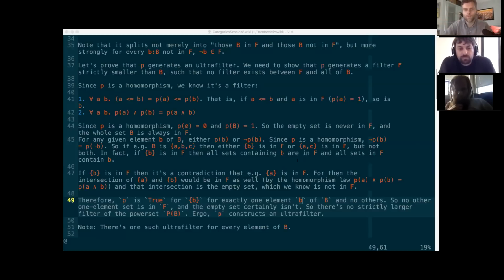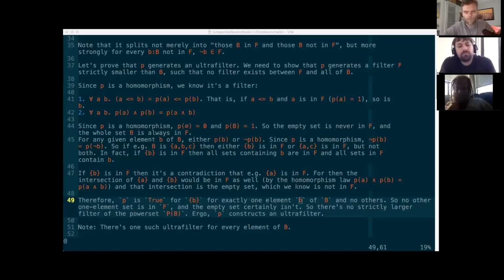And then it's closed under meets in the sense that if two elements are both in the filter, then their meet is also in the filter, right? Okay. It's just like a set being closed under some operation. So for example, the integers are closed under addition, right? The sum of two integers is also an integer.